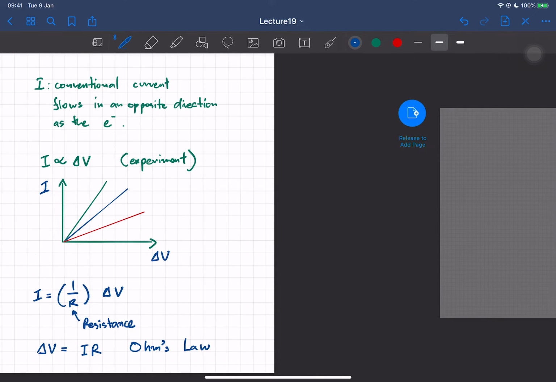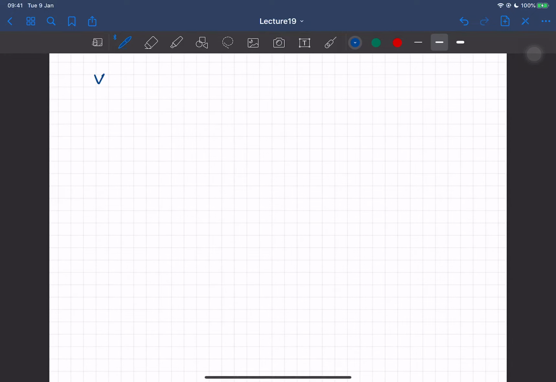Okay, so writing this again here, I'm gonna drop the delta, just to remind yourself that when we talk about V, it's the potential difference between the battery connecting to the resistor. So V is equal to IR. This is the potential difference, or casually, sometimes we call this a voltage difference.